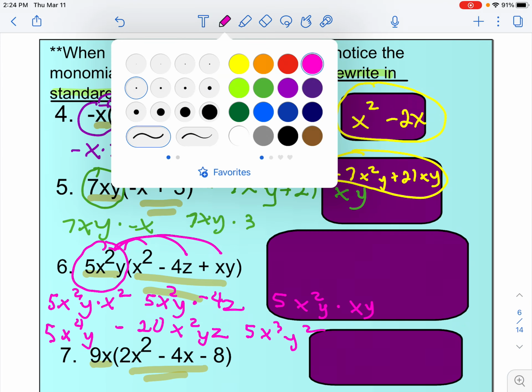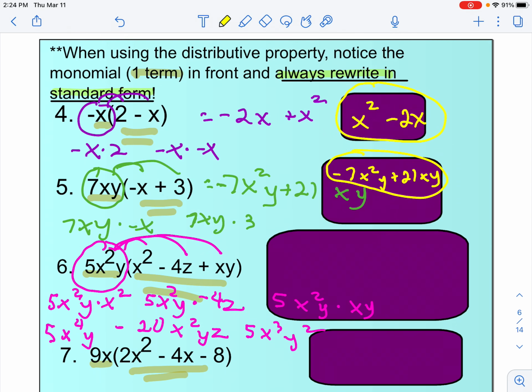Now, these are a little trickier to write in standard form, so we usually pick the variable that is first in the alphabet, so that would be the x, and we put them in order of the highest exponent power of 4, and then the x to the 3rd power, and then the x to the 2nd. So these terms in order of standard form would be 5x to the 4th y. I'm going to clean that up a little bit. 5x to the 4th y.